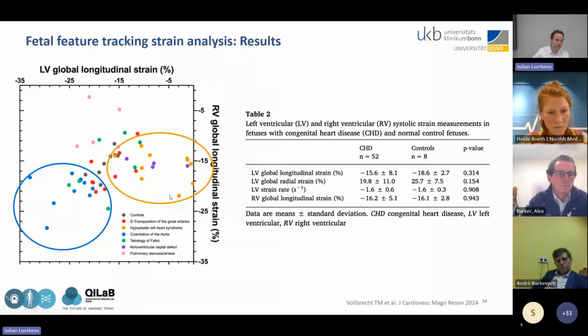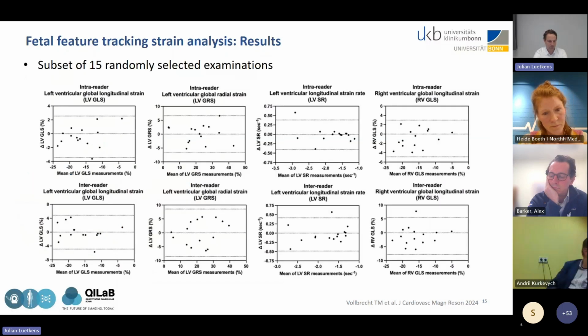For example, you can see over here in orange, these are cases with hypoplastic left heart syndrome. They have a decreased left ventricular global longitudinal strain. And fetuses with a COAC had an increased left ventricular global longitudinal strain. So there might be some information in strain patterns to differentiate between different kinds of CHD.